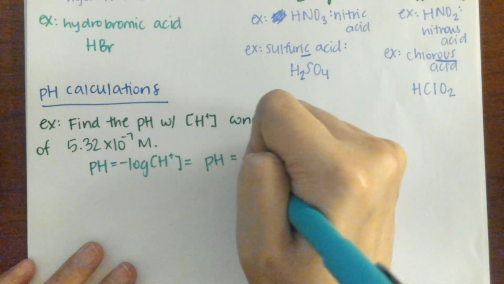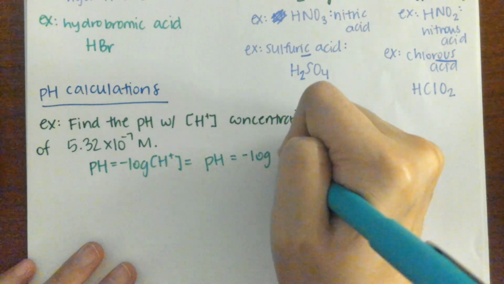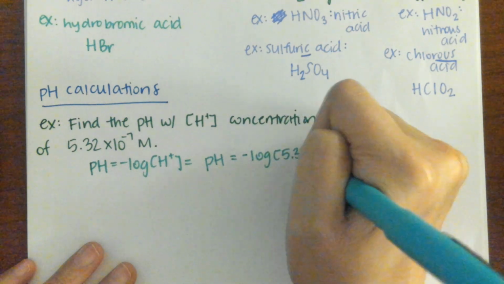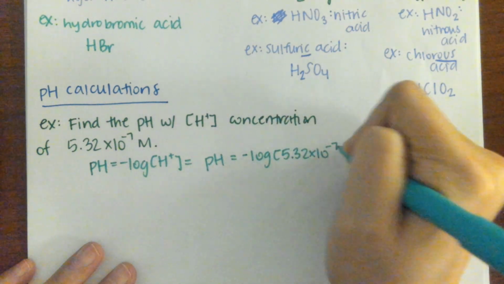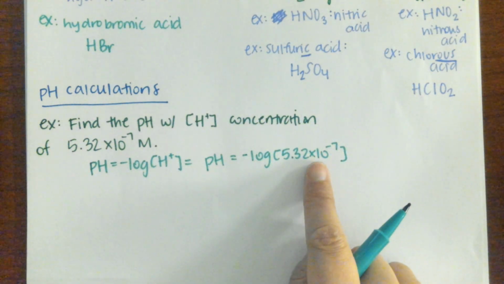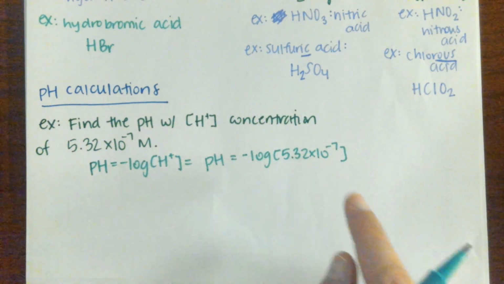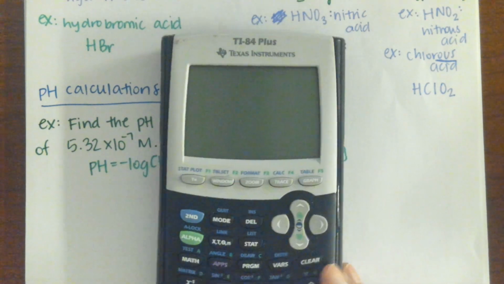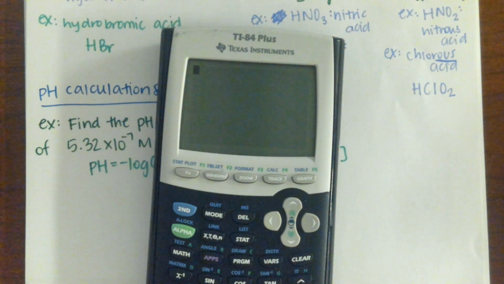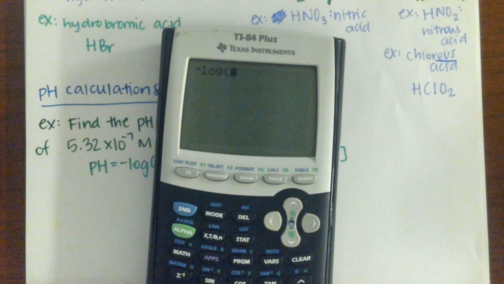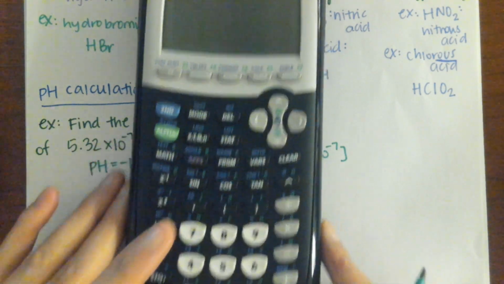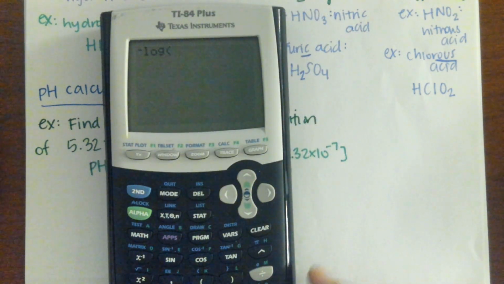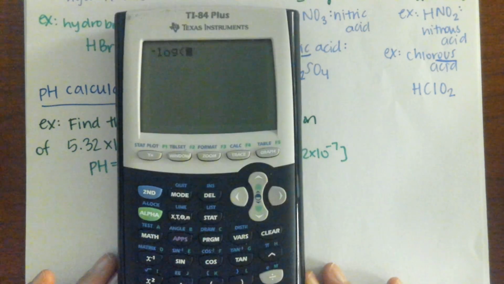So pH equals negative log of 5.32 times 10 to the negative 7. And again, I recommend you do the E button here. As another reminder on how to do that, negative log, and the log button is here. Even if you use my other calculator, same button around this area.